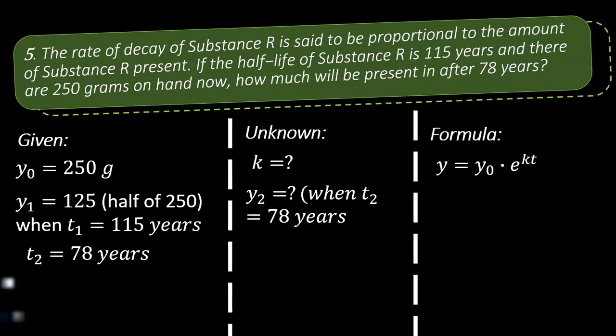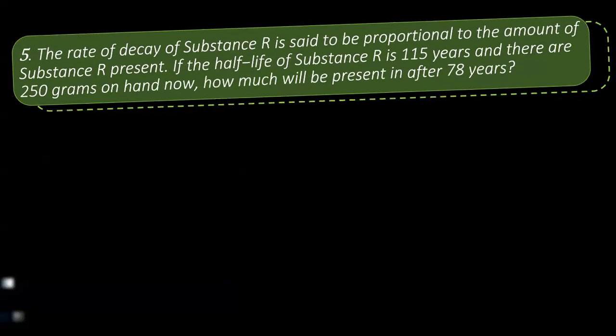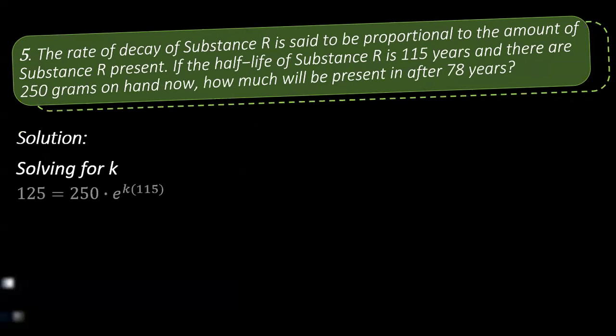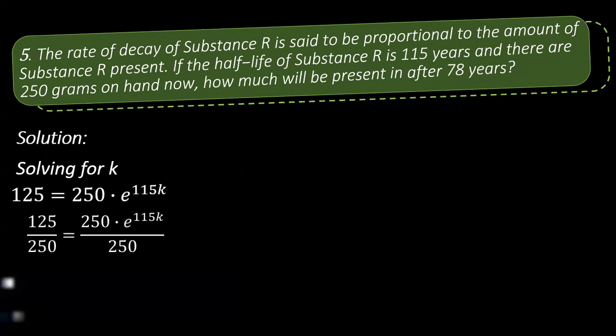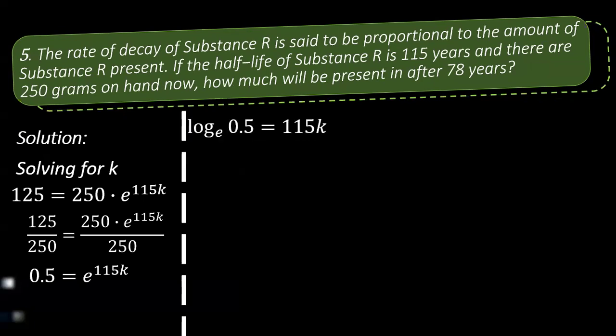Using the same model, we substitute the value. So solving for k, we have 125 is equal to 250 times e raised to k times 115. Notice that it will always be 1/2, right? 0.5. And when we make it a logarithm, it becomes ln of 0.5, because we are pertaining to a half-life, equal to 115k.